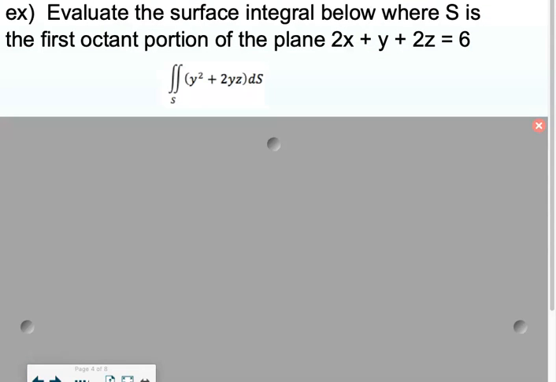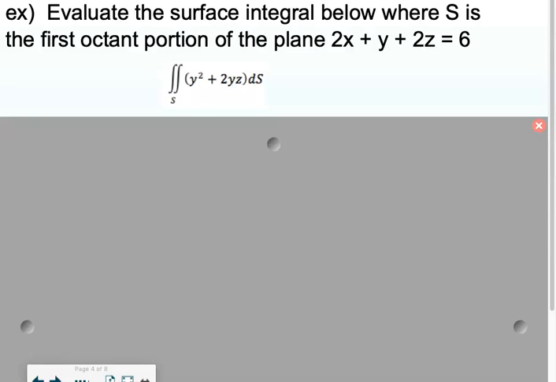All right, so we're going to do an example. Evaluate the surface integral below where S is the first octant portion of the plane 2x plus y plus 2z equals 6. The integral they're asking us to evaluate is the double integral over region S of y squared plus 2yz dS.